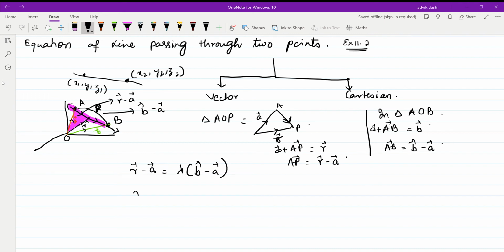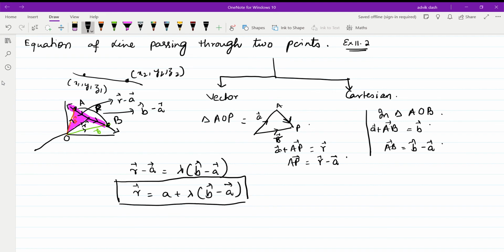So R vector is equal to A plus lambda times B minus A vector. This is nothing but your vector form of the equation of the line where 2 points are given to you. A vector is a given point and B vector is another point.